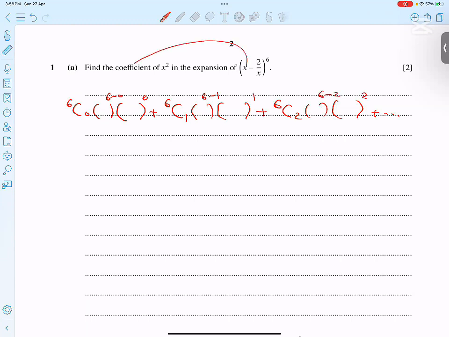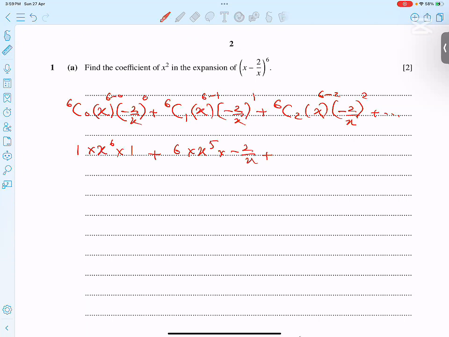So x will come in each first bracket. Make sure you don't forget the negative sign. Including the negative sign, 2 over x will go in the second bracket. 6C0 is 1, x to power 6, something to power 0 is 1. Here I got negative 2 over x.